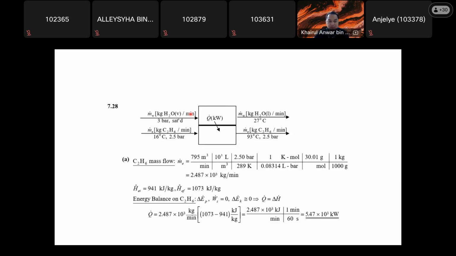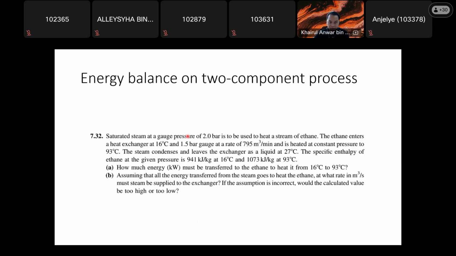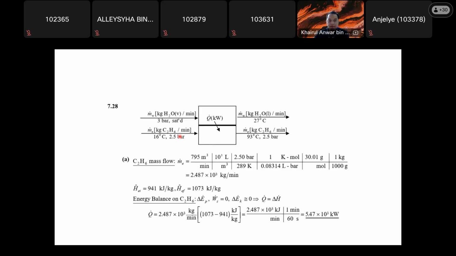Steam enters on top, and there is a phase change from vapor to liquid. Ethane goes from 16 to 93 degrees C, pressure maintained at 1.5 bar. Okay.